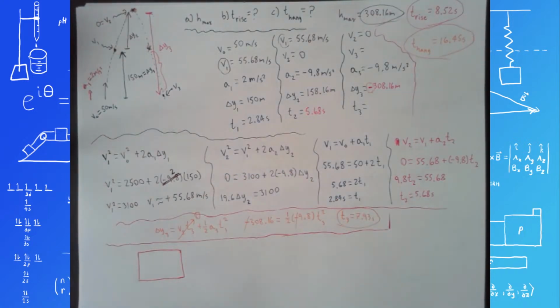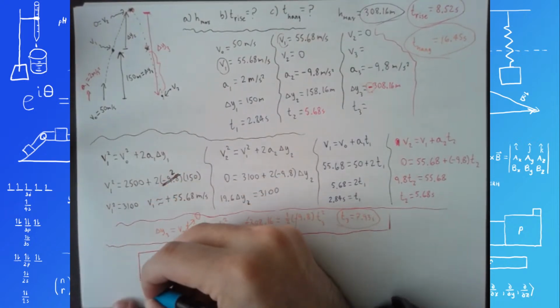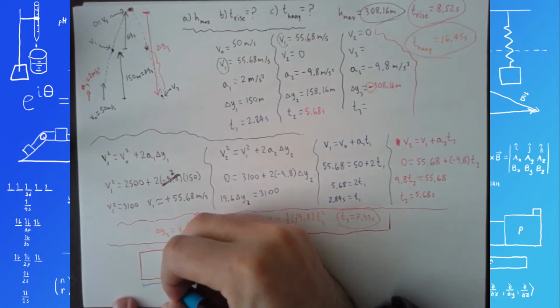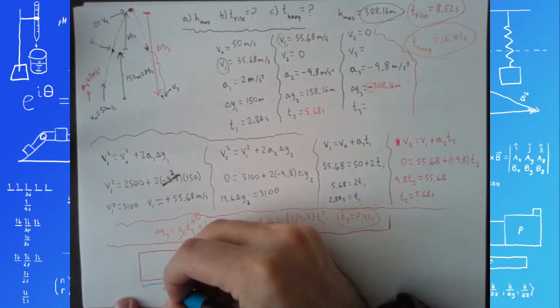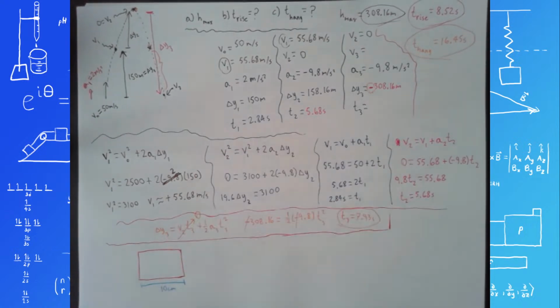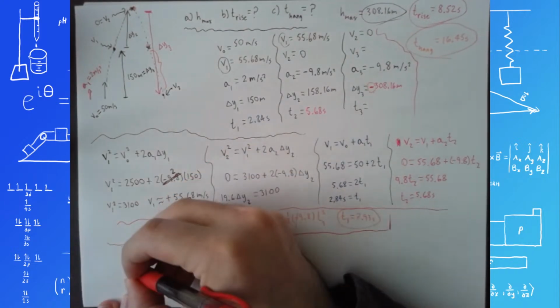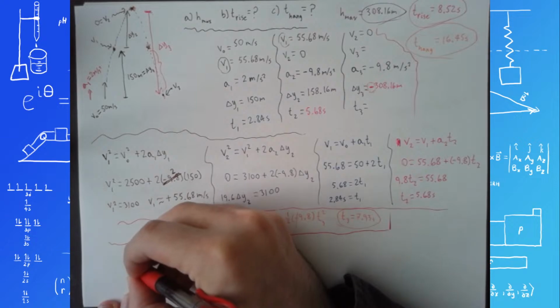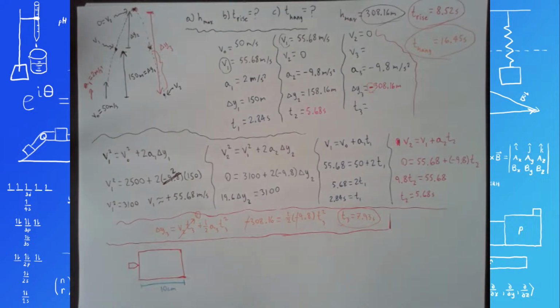Let me work that out in this light blue. So that is 10 centimeters. And then we have a bullet that is 2 centimeters long.